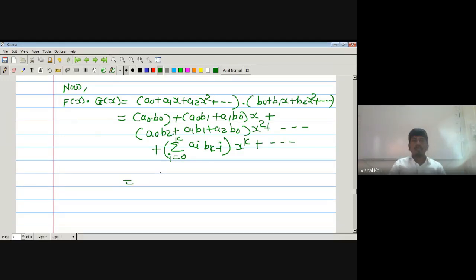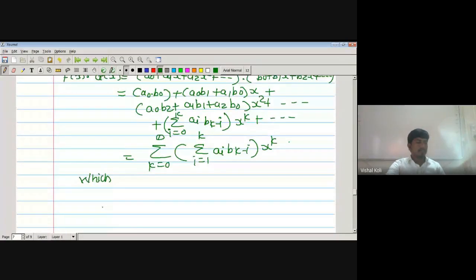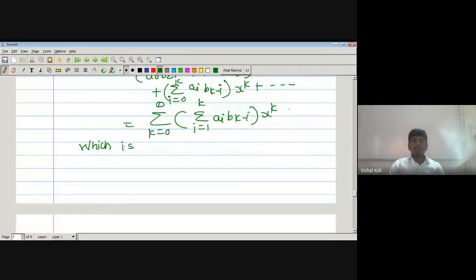So actually this is nothing but summation k running from 0 to infinity of summation i running from 0 to k a_i b_(k minus i) times x raised to k, which is the required generating function of the product of two sequences, and which is the formula for the product of two generating functions.